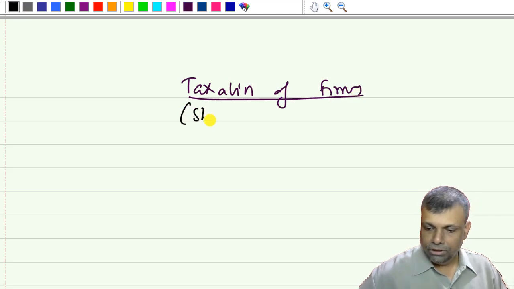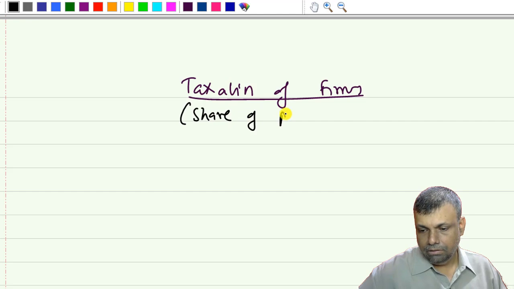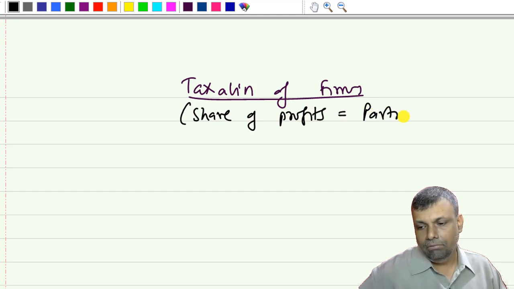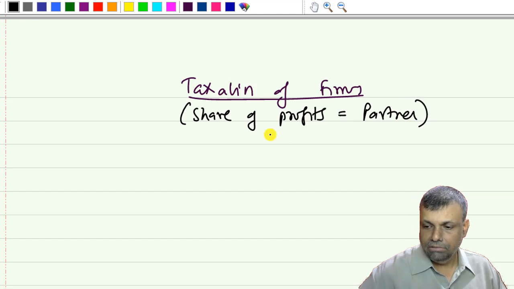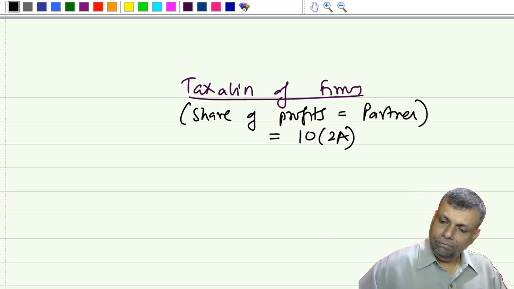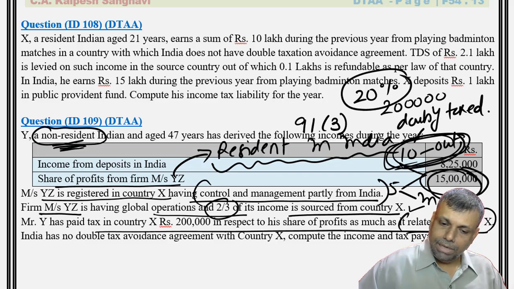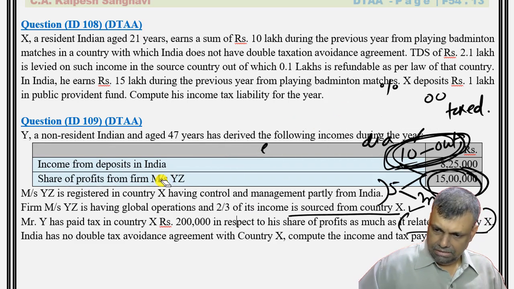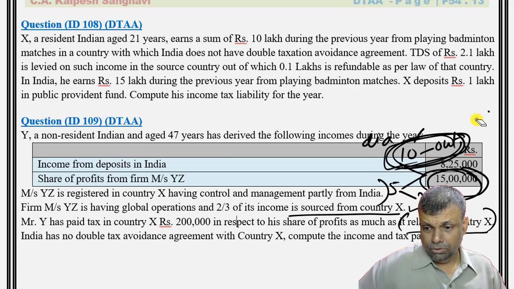The share of profits which is normally available to a partner, listen very carefully, is exempt under section 10(2)(a) of the Income Tax Act. The first confusion which will come to the minds of any student, I am telling you, this confusion should come.